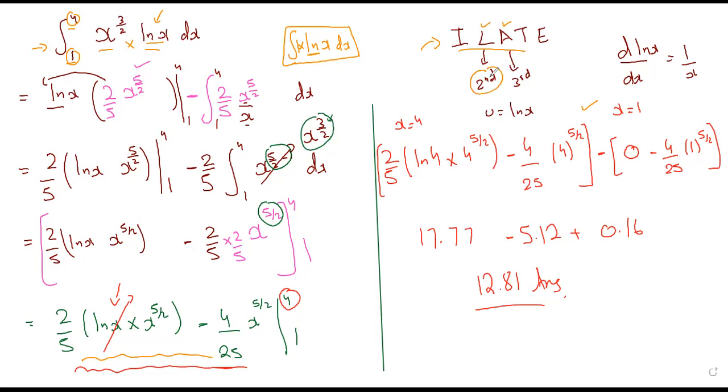It was simple. We just wrote u as it is, that was ln x, the integration of the second function, that was v, and then we had the integration sign with this function written as it is multiplied by the derivative of u. Then we simplified everything and we got our answer.